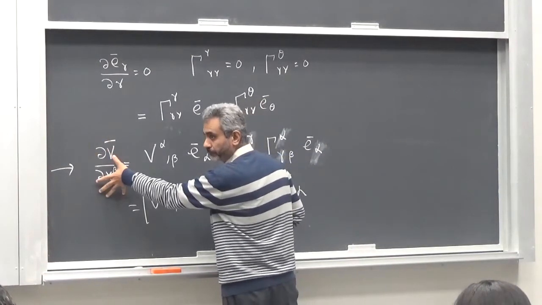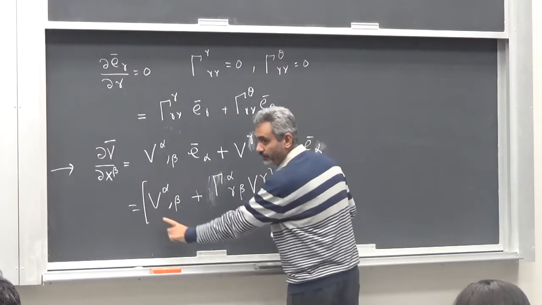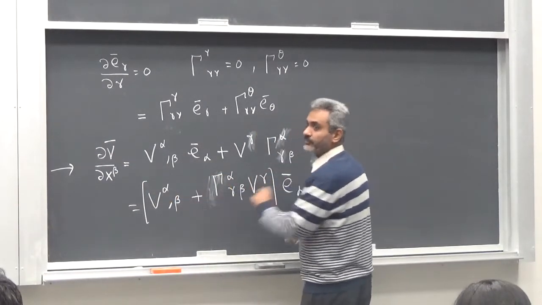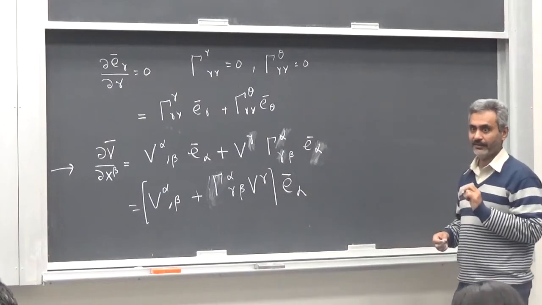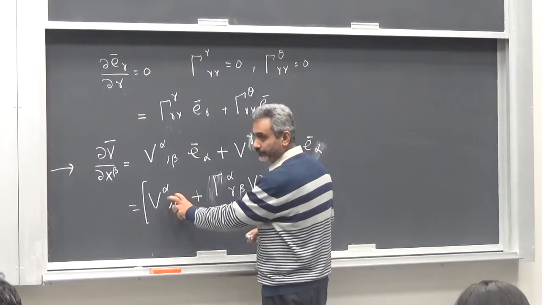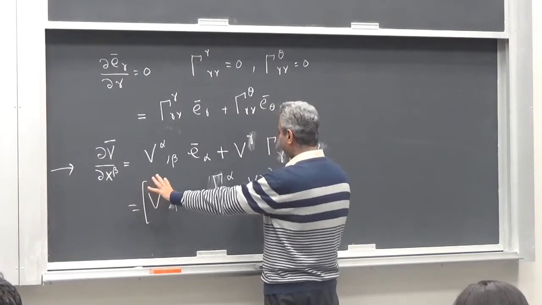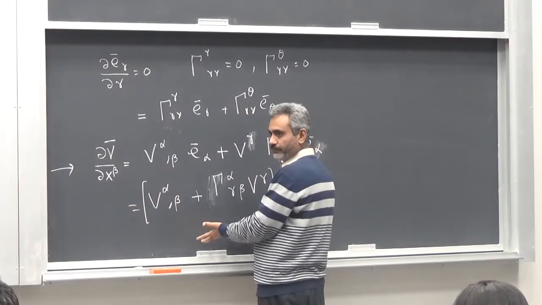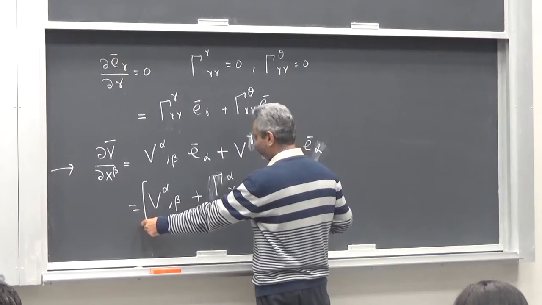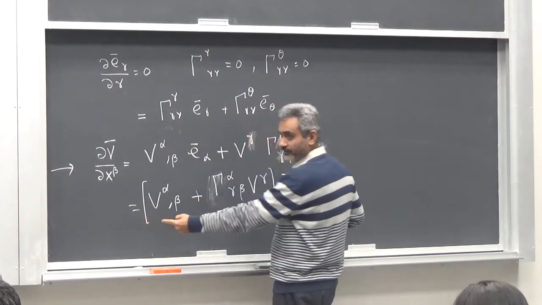Okay, so for a given beta, this is a vector, this must be the components of a vector. But now there is another question. If you take beta to be an abstract index, because beta has values 1 and 2, right? So then this looks as if these are the components of a 1-1 tensor. The question is, are they?